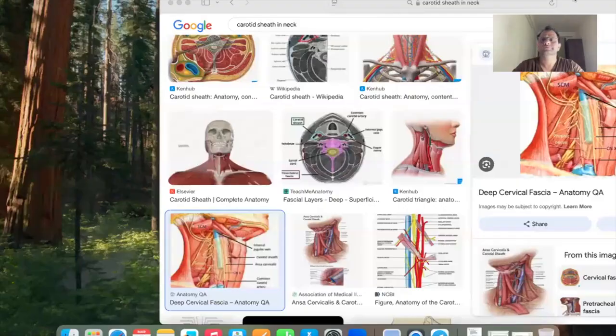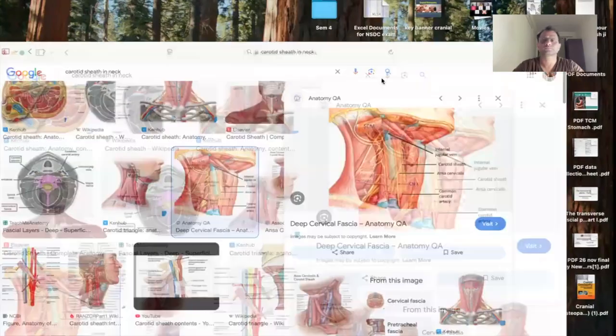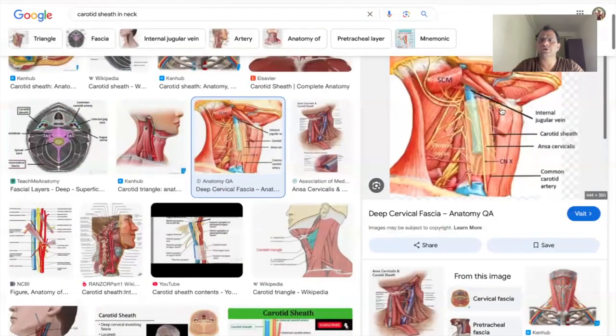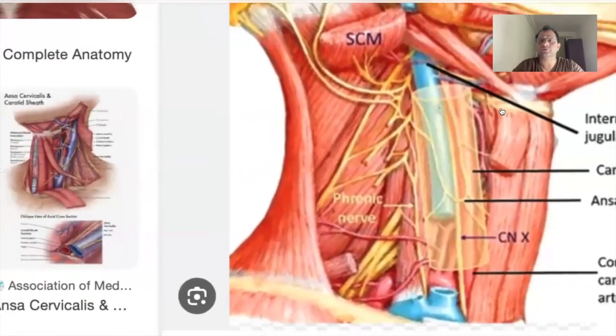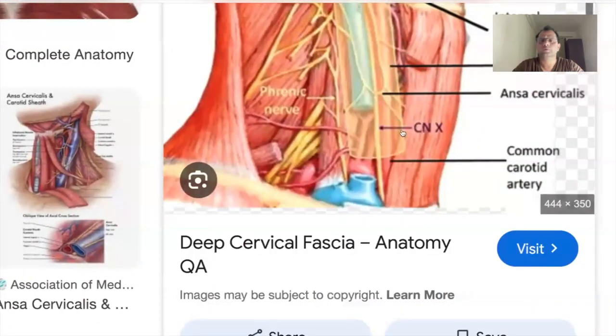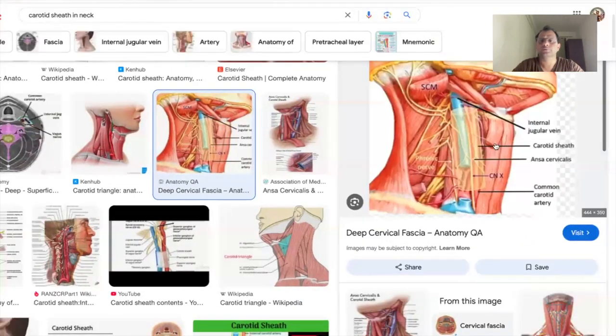So in this image, you can see here. So we can see here this pipeline. Can you see this pipeline type structures here? In this pipeline, there is one artery.